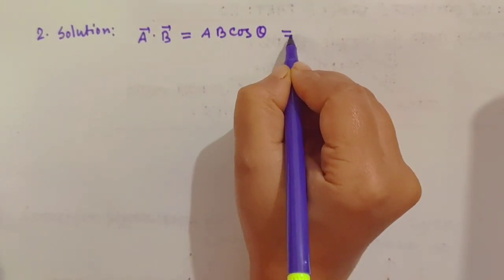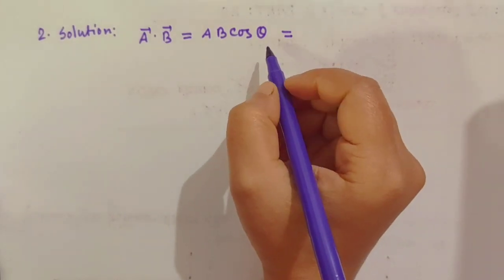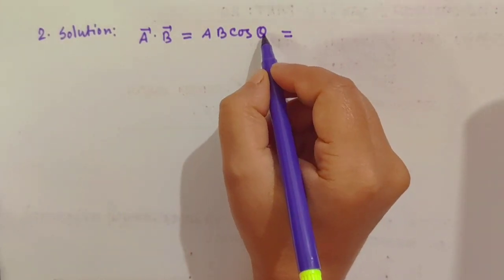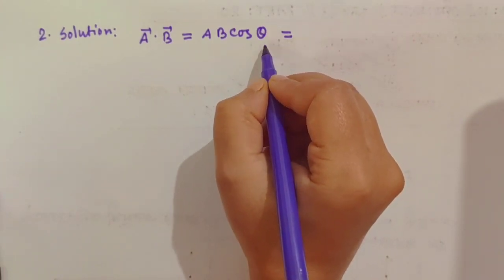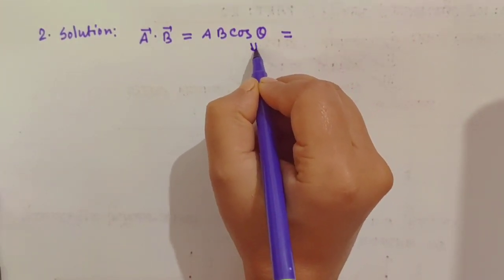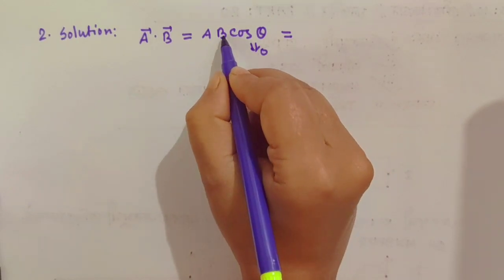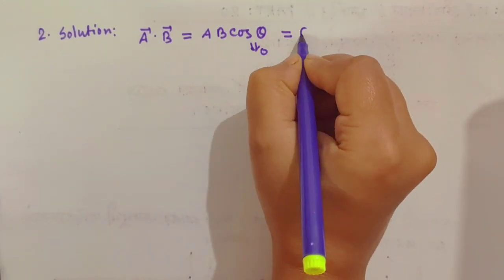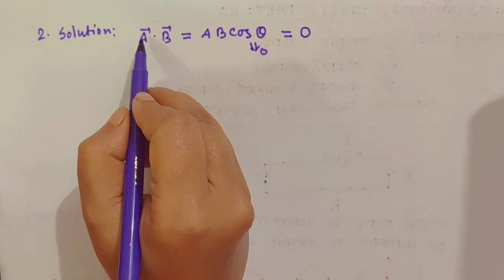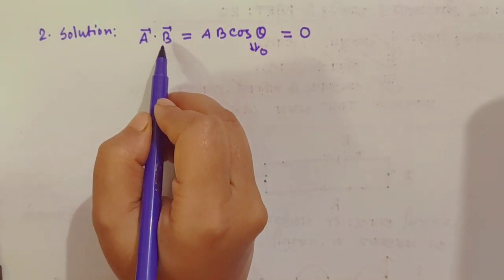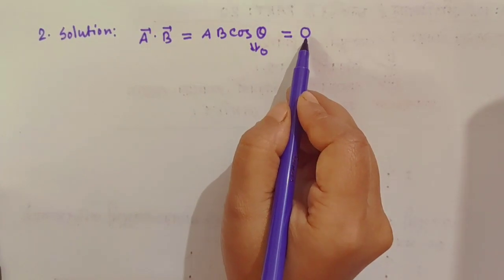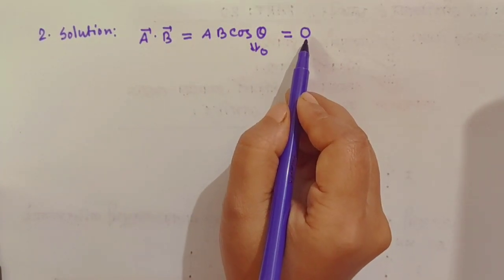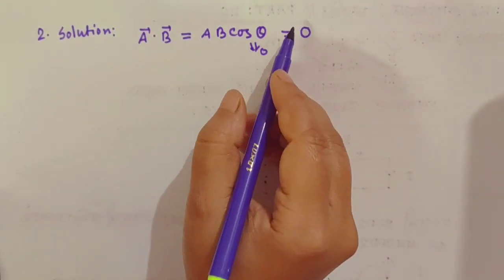Now in this case, they said that the angle between these two vectors is 90 degree. That means they are perpendicular. So what is the value of cos 90 degree? Is 0. So something into 0 means 0. So dot product is 0. If two vectors A and B are perpendicular, then the dot product between the two vectors is 0. So we can write the dot product A dot B is equal to 0.